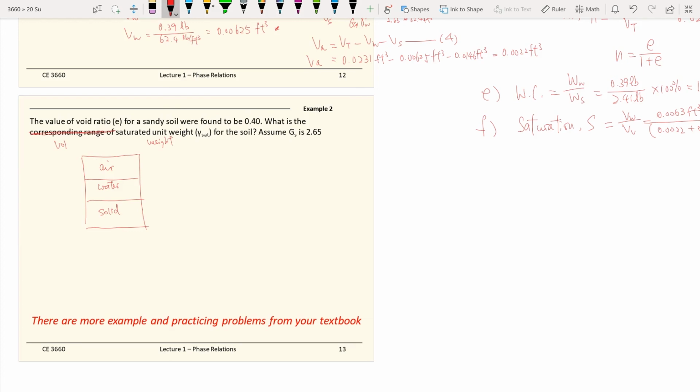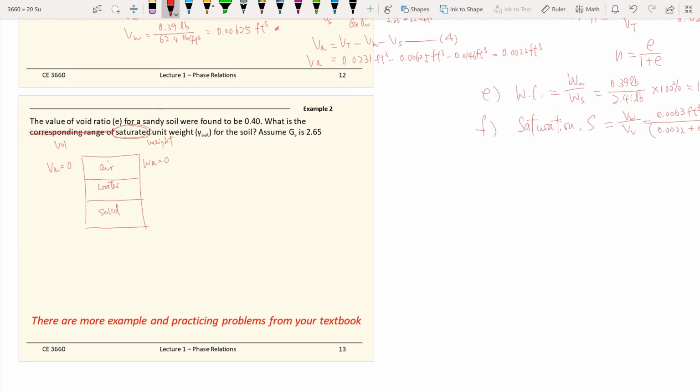First, it asks you for the saturated unit weight. So pretty much we want to find the unit weight when the soil sample given here is saturated. When the sample is saturated, the volume of the air is equal to 0. The weight of the air is always equal to 0.